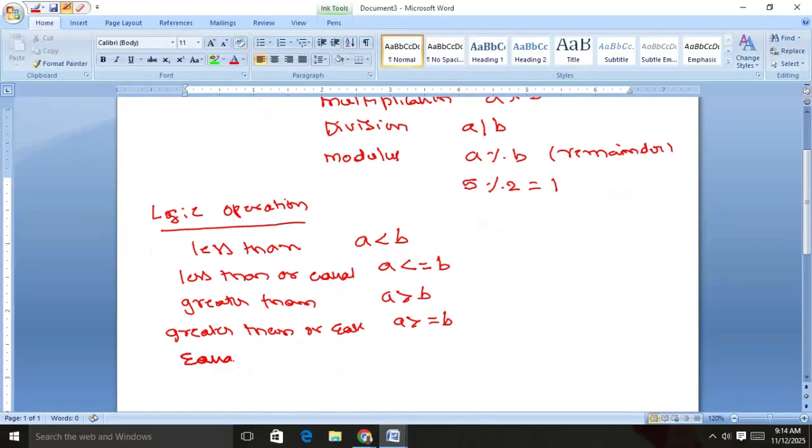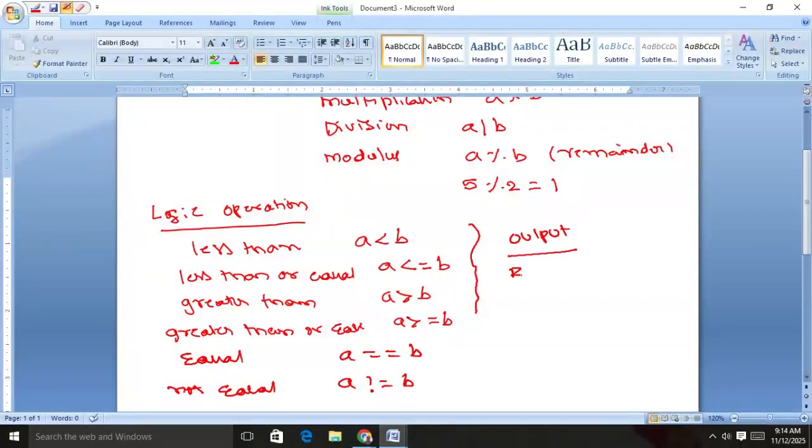Equal, a double equal to b, and not equal, a not equal to b. So these are the examples. Here we need to remember one thing: the output or result of the logical operations is true or false.